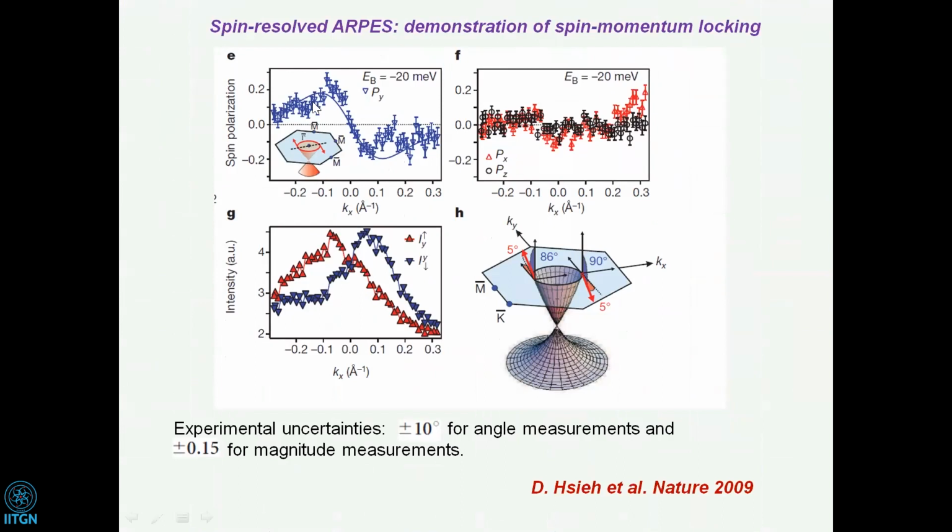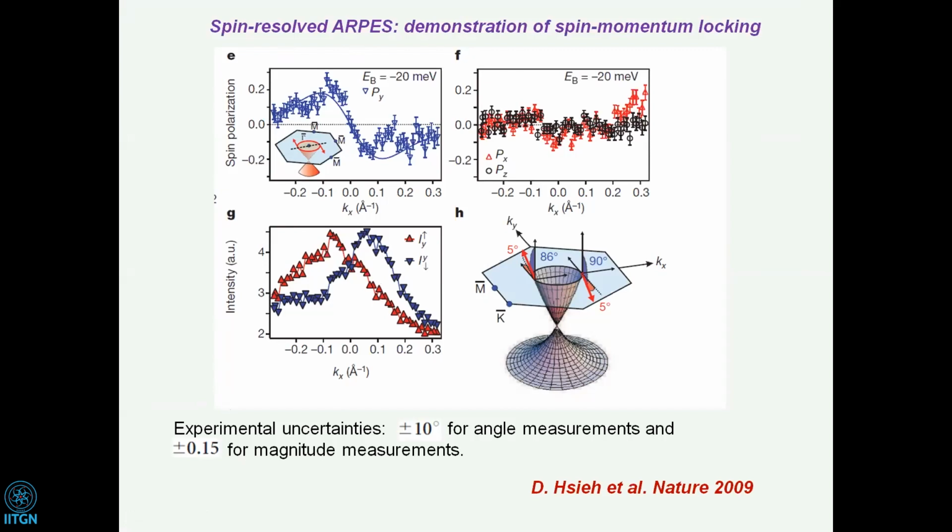But they also measured the spin of these electrons with some precision, and they could show that no matter where they picked up electrons from the Fermi surface, the spins always point perpendicular to the direction of motion, which essentially pointed towards that sigma cross k dot z type of Hamiltonian, because the helicity indicates that spin is perpendicular to the motion.